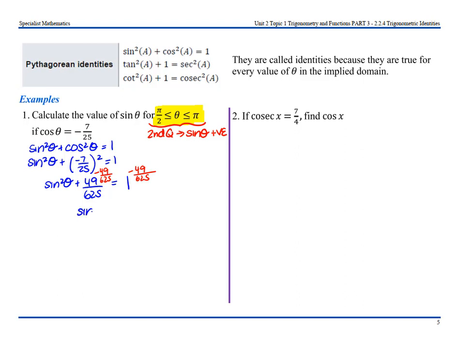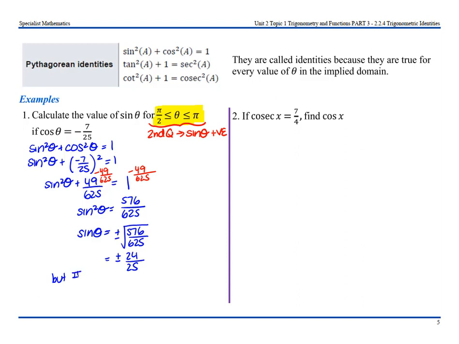So sine squared theta is equal to 576 all over 625. So that means our sine theta is going to be plus or minus the square root of 576 over 625, which is plus or minus 24 over 25.